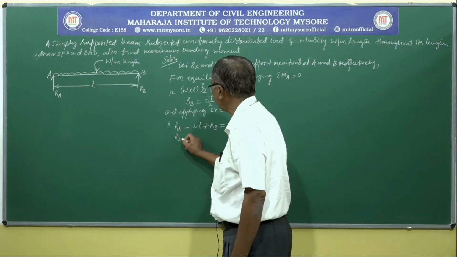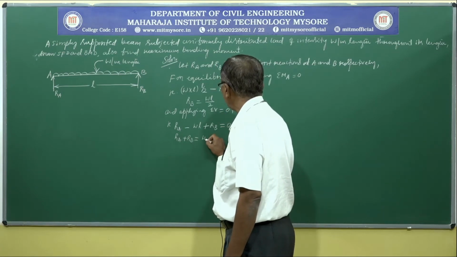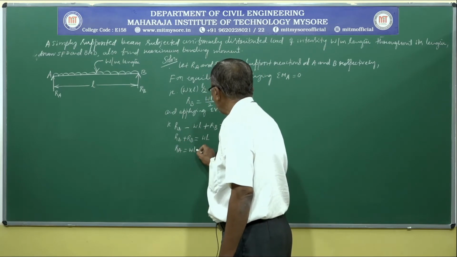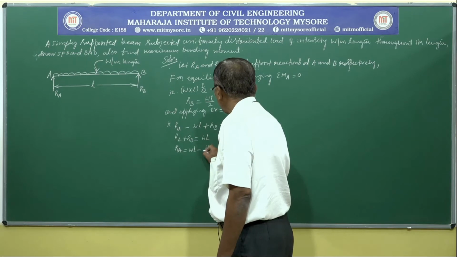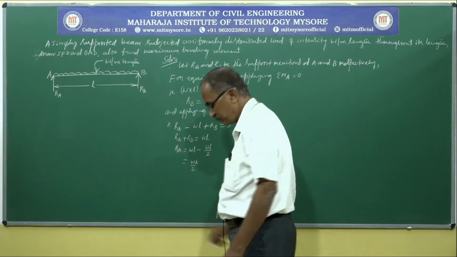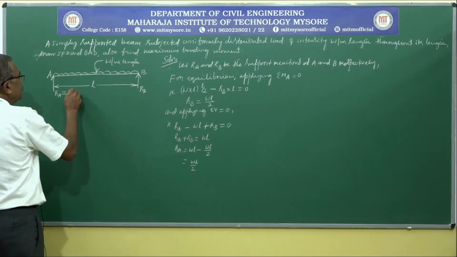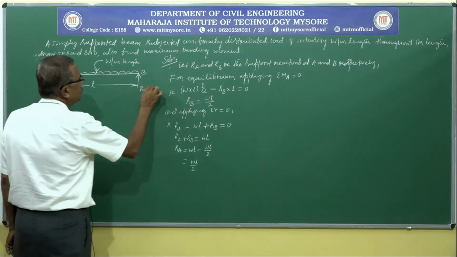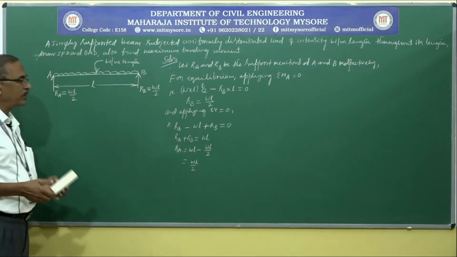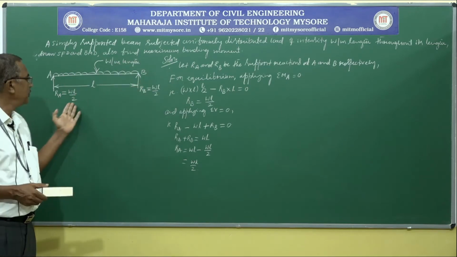RA plus RB is equal to WL, and RA is equal to WL minus WL by 2, that is equal to WL by 2. So RA is equal to WL by 2 and RB is equal to WL by 2. So this is by applying equilibrium conditions, and we get WL by 2 like that.